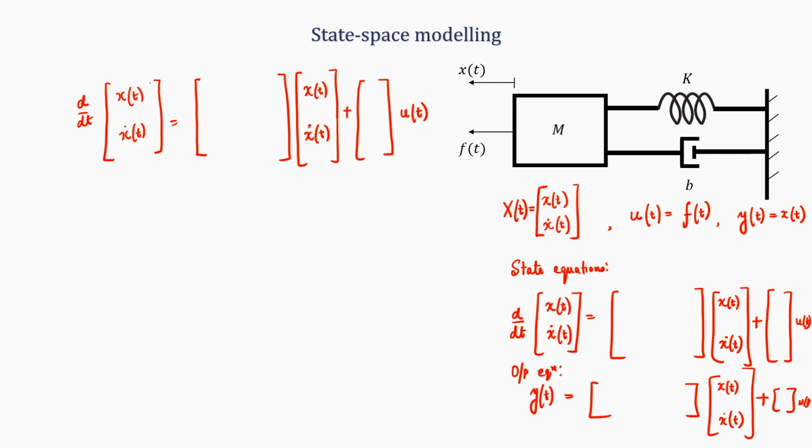So, it is just 0 times x(t) plus 1 times x dot plus 0 times u(t). This will be your first equation.